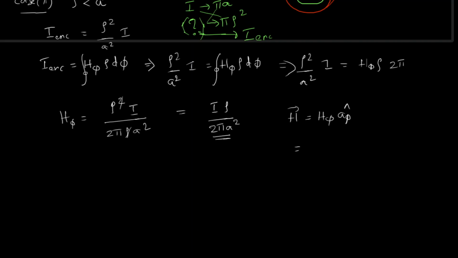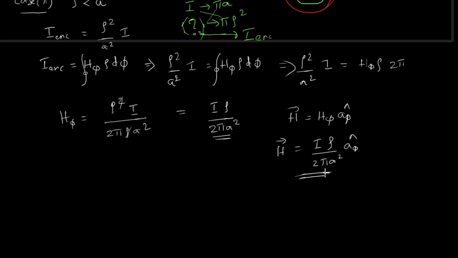So in my case 2, my H vector becomes I rho by 2 pi a square a phi cap. So this is my H vector in the second case, when my enclosed path is within the inner conductor.